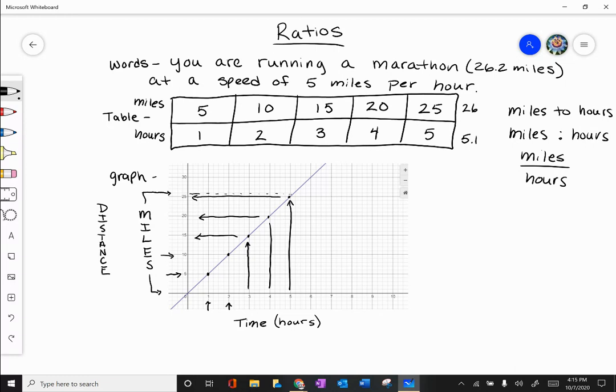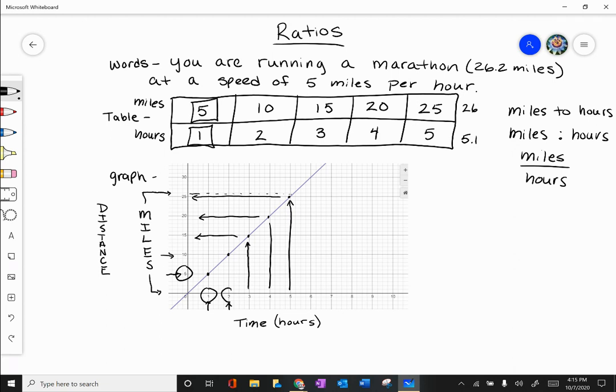So we could make a table from the words, and we could take this graph and also make a table from it. You could take all of these points and say, well, at 1 hour, which is this, we're at 5 miles.